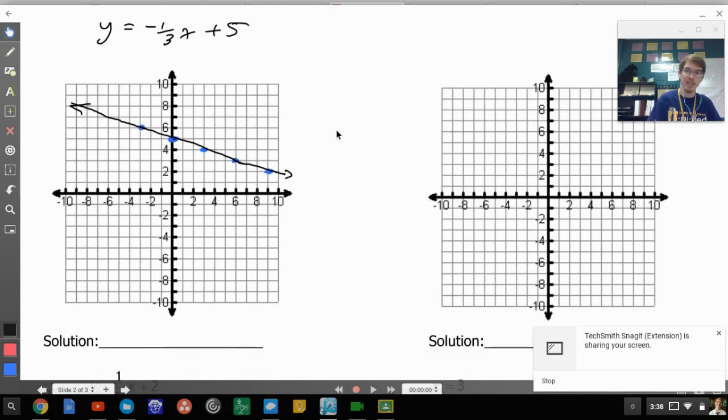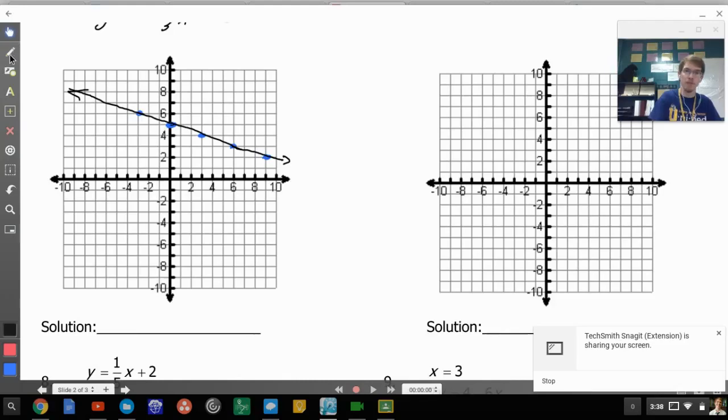Since those two are exactly the same, we don't really have to graph it because they're the same exact line. So our solution is infinitely many solutions. There are lots of them. Anywhere on this line is a solution to both of them because they're both the same equation.